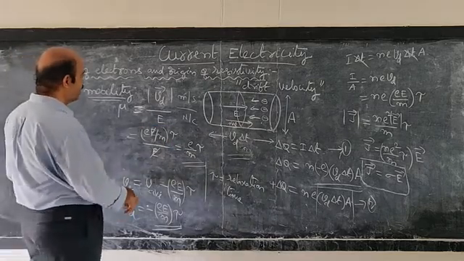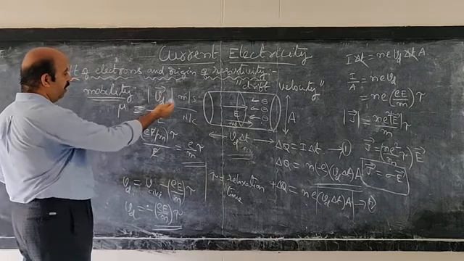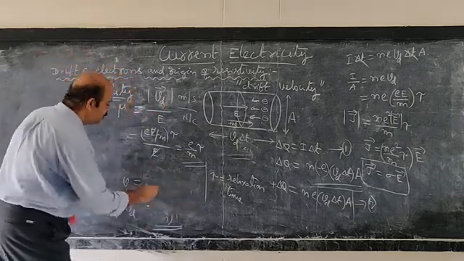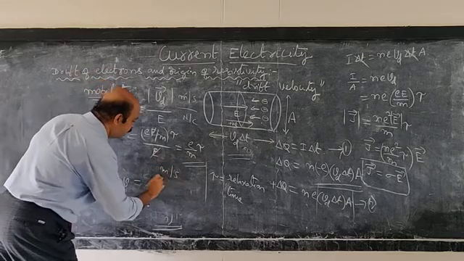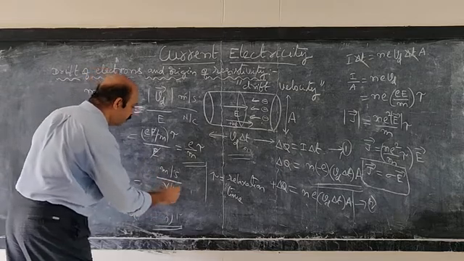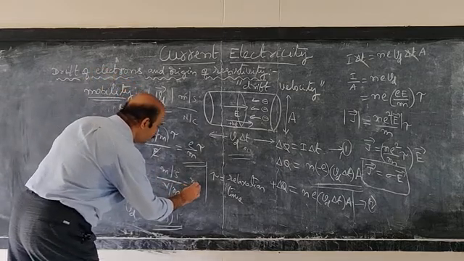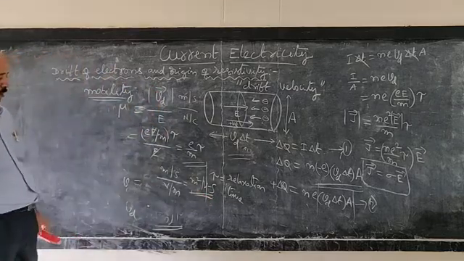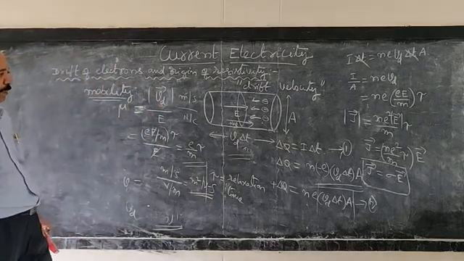If you write it as meters per second by volt per meter, then the volt per meter goes to the numerator, that is meter square per volt second. So that is the unit of mobility.